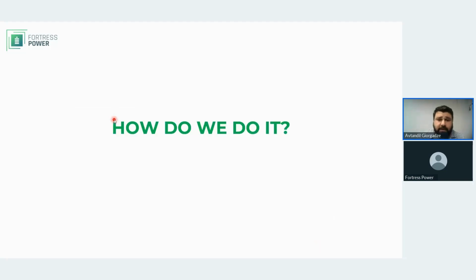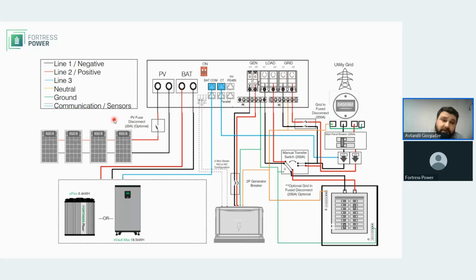But meanwhile, let's take a look at how Fortress Power does it. And you will notice here all of these major diagrams come from the manual directly. They show line side tap, and there's a reason for that, because we can do 200 amp pass through, and we can do sizable off-grid output of 12 kilowatts. So you have your main breaker or some kind of overcurrent protection, such as a grid disconnect, which is fused.